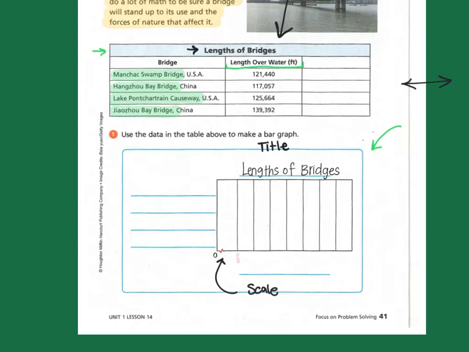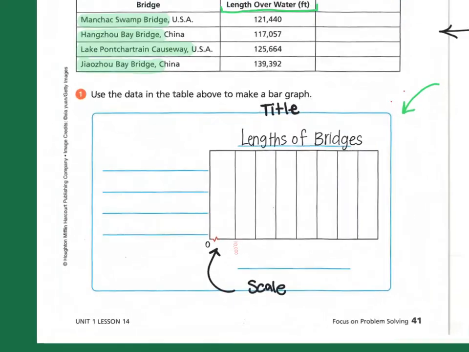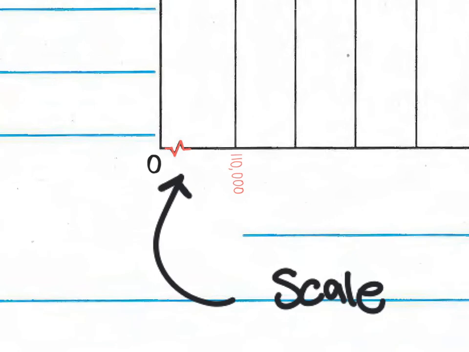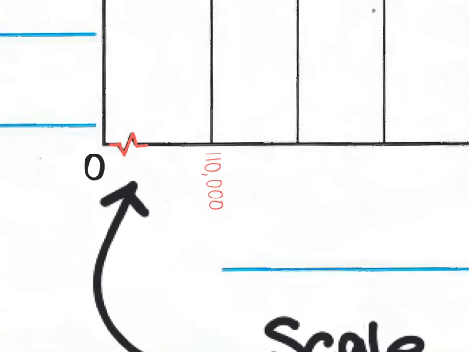Now that I have 110,000 labeled, I want to be counting up by 5,000s all the way up to the rest of my lines. So I'll get you started here, and then you can pause the video and finish up. If I'm counting up by 5,000s, my next number is going to be 115,000.